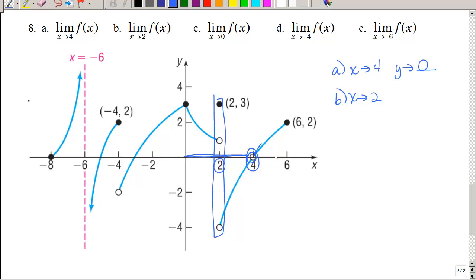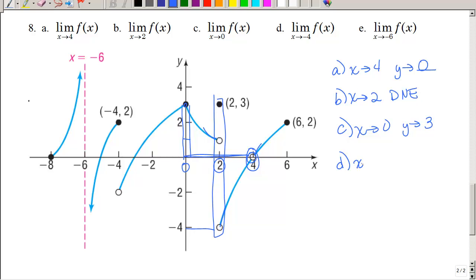Boy, that's a big mismatch. Here it's getting closer to probably like 1, here it's getting closer to -4, here it's 3. So what do we have? Does not exist. Part C, we have x approaches 0. What does y approach? Well, there's no holes or jumps, so it's just the y value of 3.